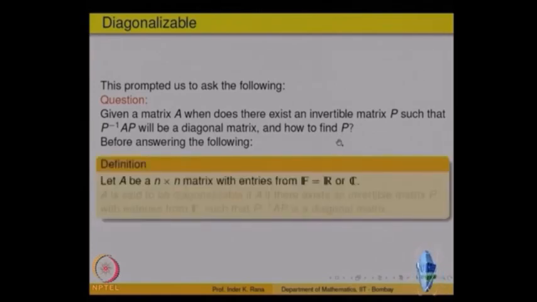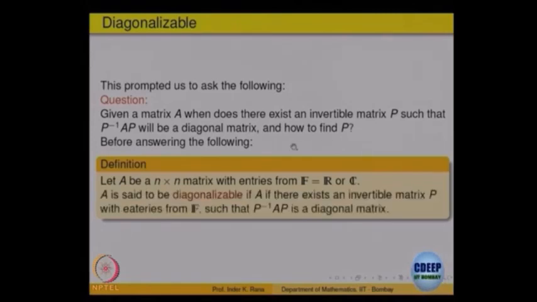So, we made a definition that a matrix A is diagonalizable if there exists an invertible matrix P such that P inverse AP is a diagonal matrix.